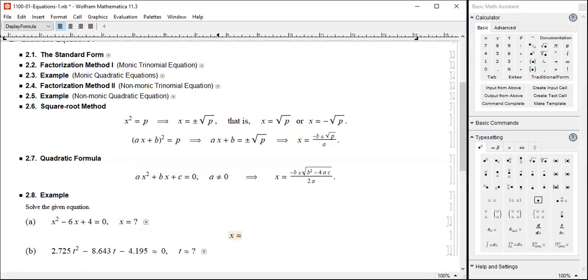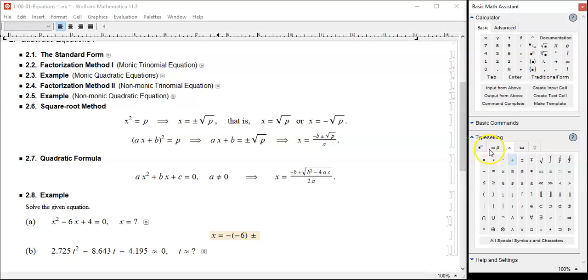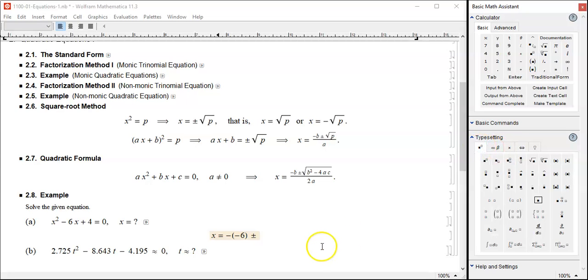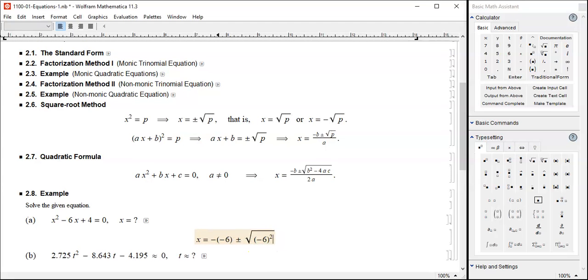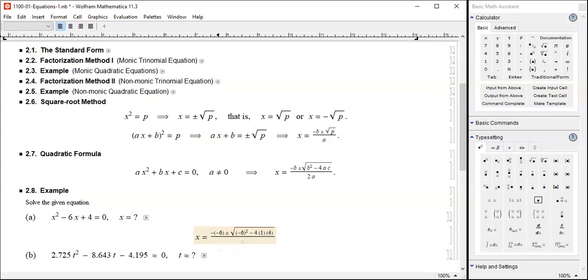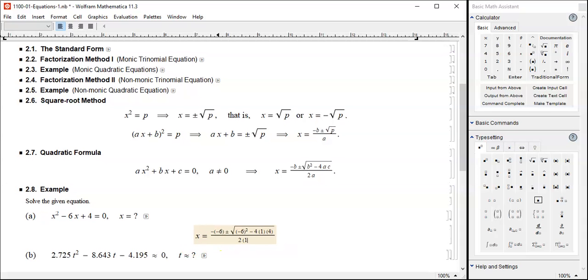So x is equal to minus b, so negative of -6, and then plus or minus square root of b squared minus 4 times a, that's 1, and c, that's 4, and divided by 2, what's a?